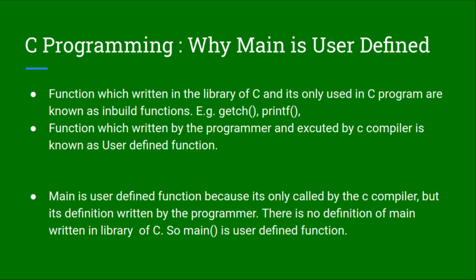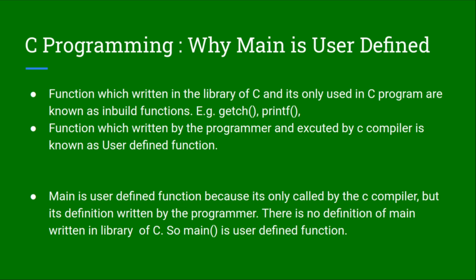For example, we use printf, getch, or other inbuilt functions for square roots, math, string functions, and datetime functions. We have different types of functions available which are already written in the C library, and we simply use their header files. We just need to check, okay, printf is written in the header file and we can use that.